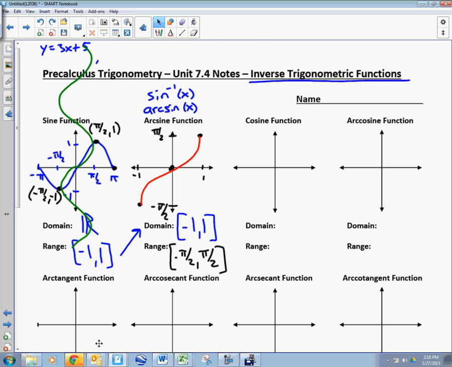Let's look at cosine. The cosine function. 1, -1. Negative pi, positive pi. That is the cosine function.